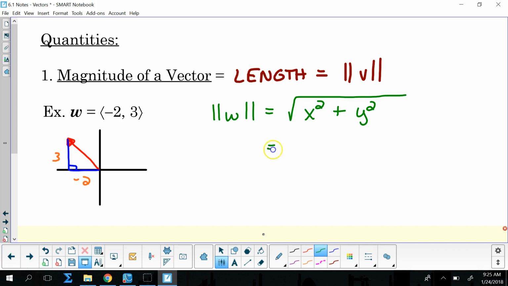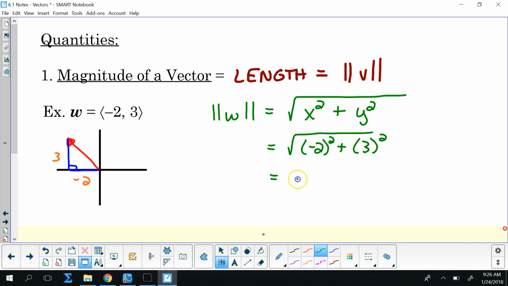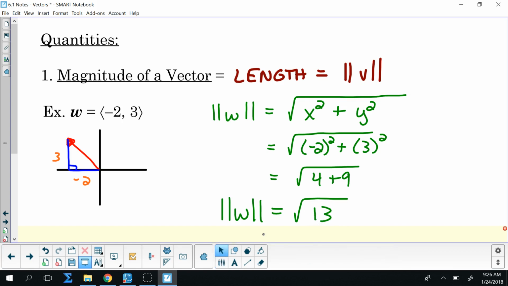So that's going to be the square root of negative 2 squared plus 3 squared, which is the square root of 4 plus 9. So the magnitude here of W is the square root of 13.